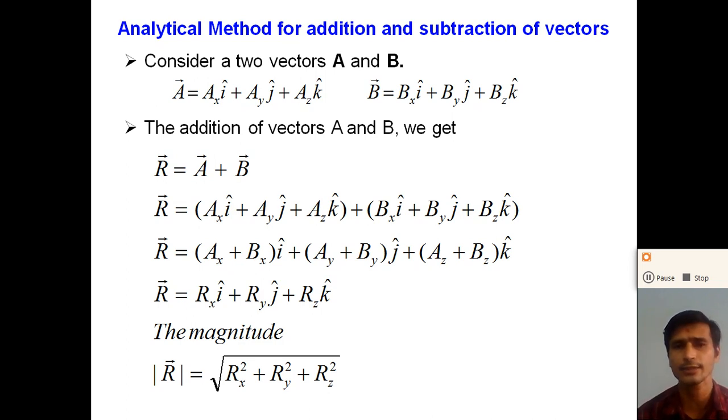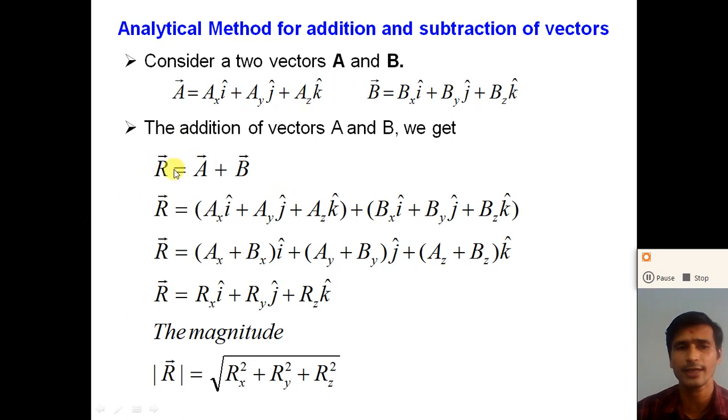So let us see, these 2 vectors are given to you, and if you want to find the resultant vector of the addition of these 2 vectors, here the resultant vector r is equal to a plus b, or if we want to subtract these 2 vectors, r is equal to a minus b. We can perform addition or subtraction with the help of the analytical method, right?